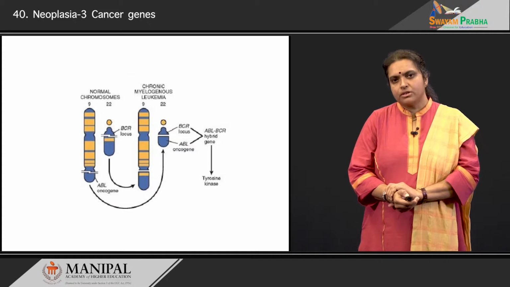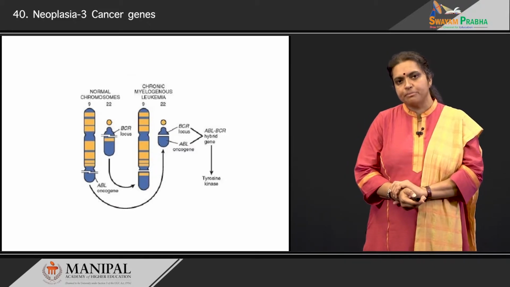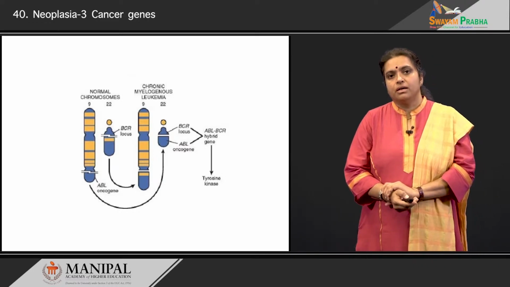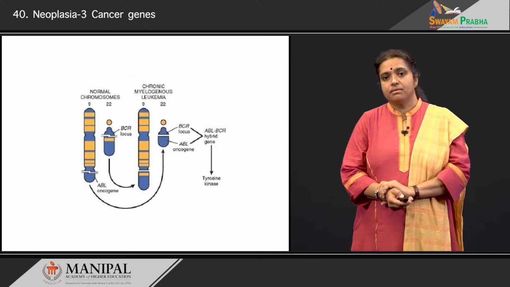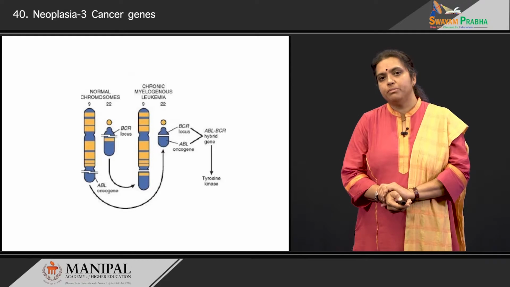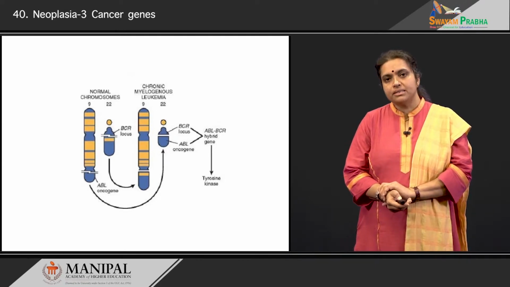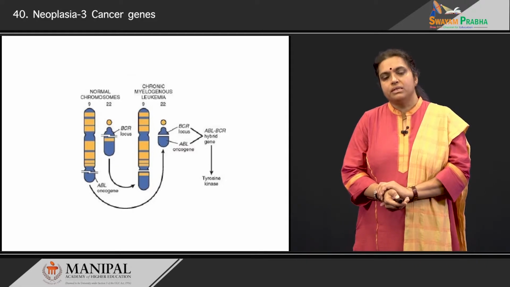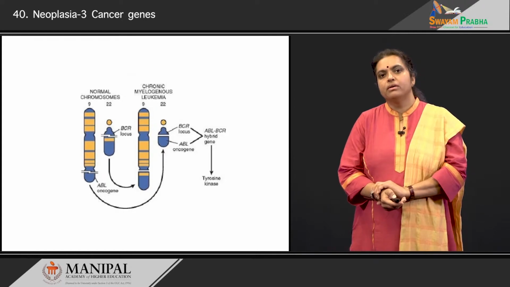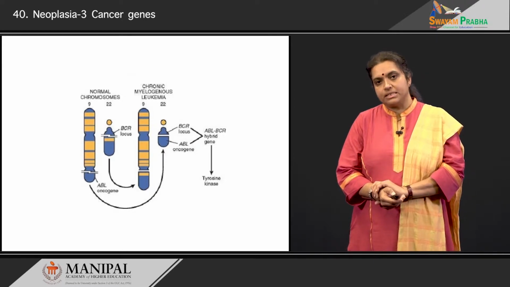With this chromosomal translocation, we also now know the concept of oncogene addiction. What we mean by this is this translocation is absolutely necessary for the development of CML. CML may have many other genetic changes, but the 9;22 is crucial and the transformation is dependent. The cellular transformation is dependent on this particular translocation.